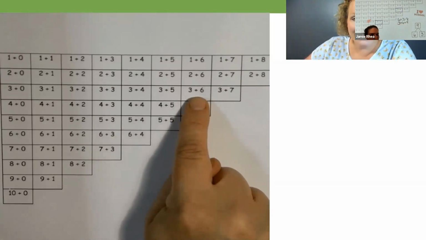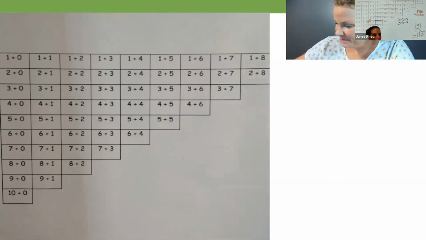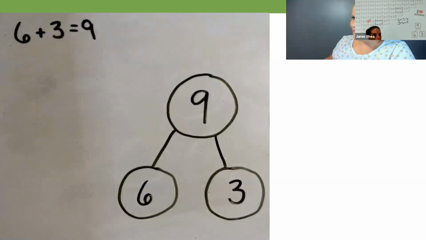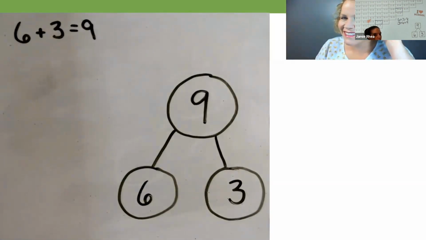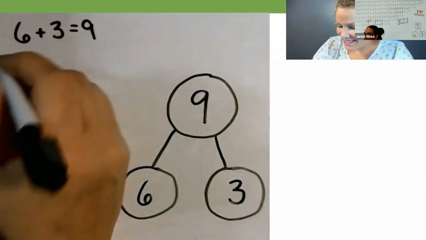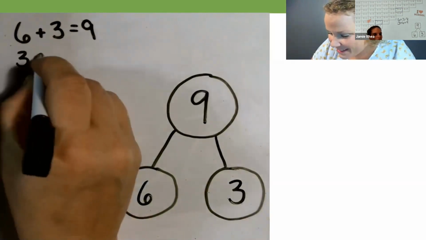Let's make that a number sentence and write it down. What number sentence should I write? 3 + 6 = 9. Very good.